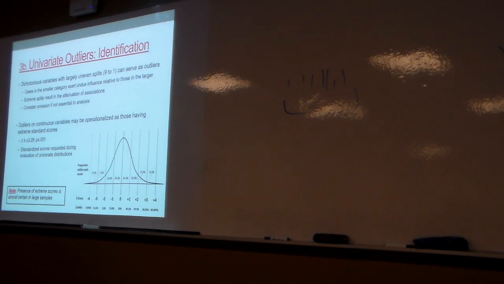If my sample size gets large enough, I'm going to capture the ends of that spectrum. And so if that happens, and it will, why am I not necessarily going to freak out about the fact that I captured someone who was very big or very small if I've got a large enough sample?